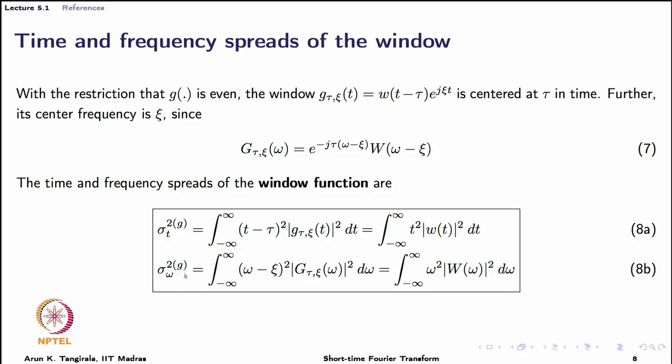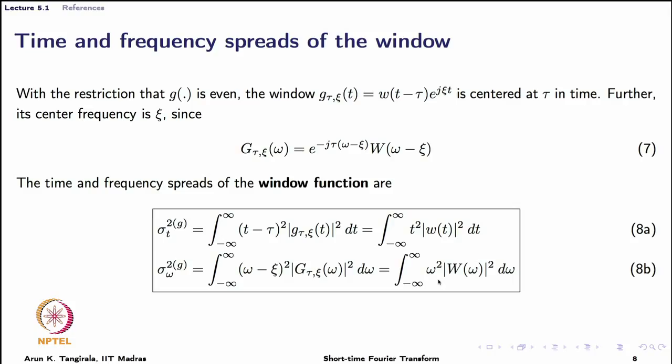Likewise, for the spread of the atom in the frequency domain, I invoke the definition and then once again rewrite this in terms of the window function itself. It turns out that just because I have chosen the atom this way, I can rewrite it this way. It is not that it is true for any time frequency atom. Only for the short time Fourier transform can I write it this way.